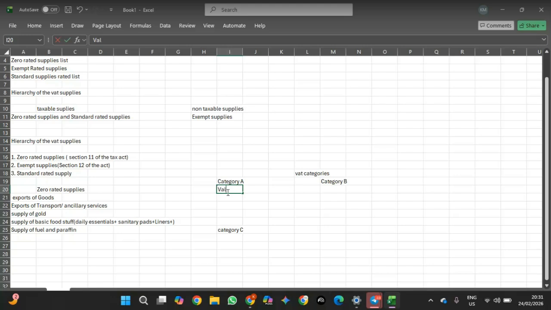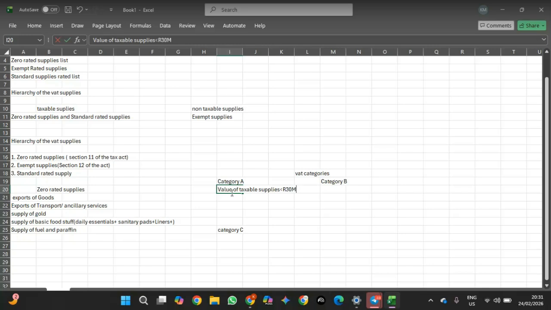Right, in category A, for a VAT vendor, the value of taxable supplies must be lesser than, max of 130 million, right?